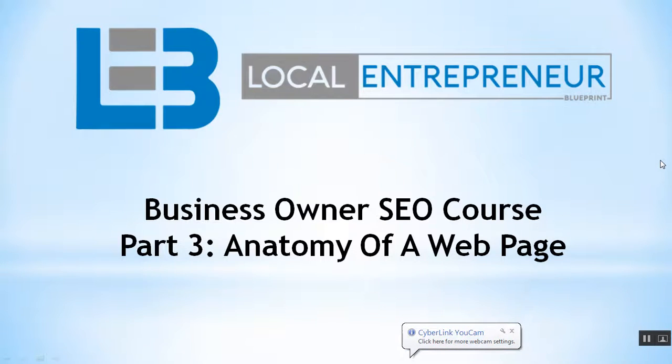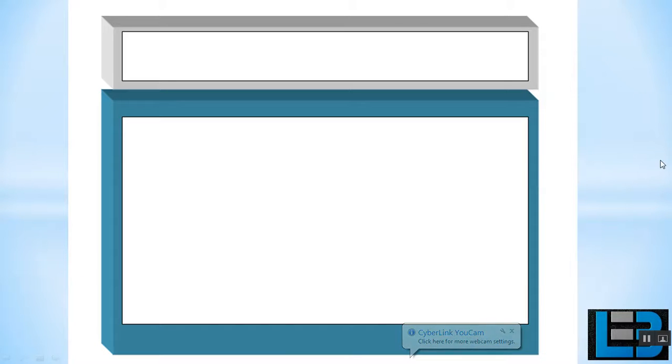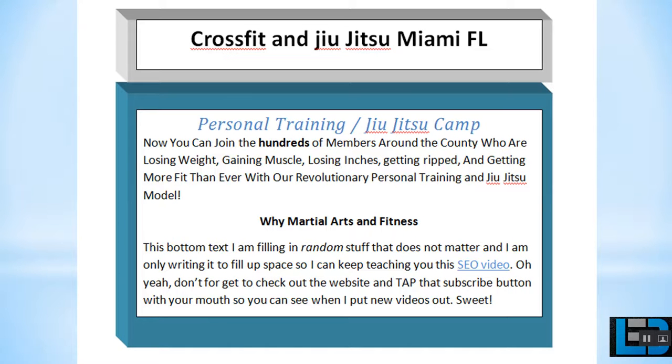Now, we are looking at a blank website right now. This is a little website I created. Simple, fake, right? This is the blank way, with no text, no titles, no images, nothing. Now, this is the way that we see a web page, right?